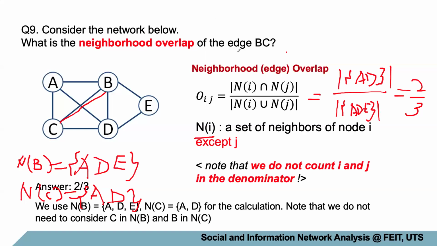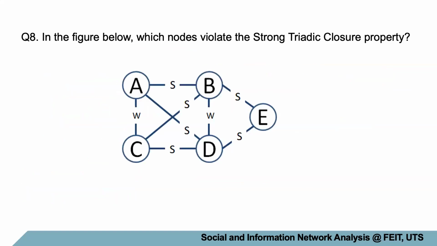Could you go over question 8 one more time, please? Question 8. Yeah, could you just explain your working out again? Any volunteer who likes to, because I already explained twice?